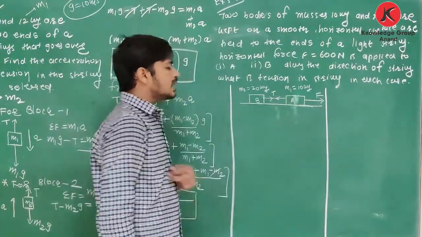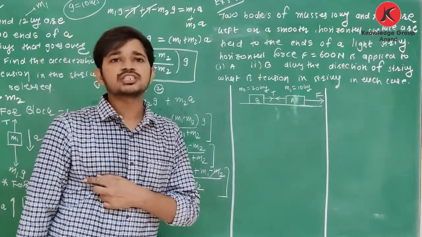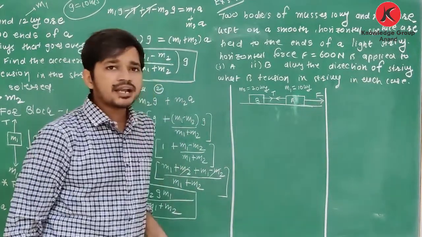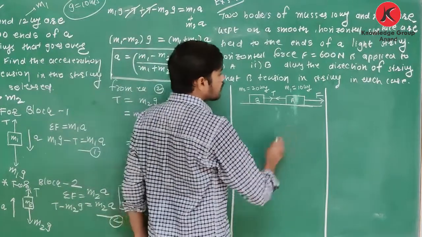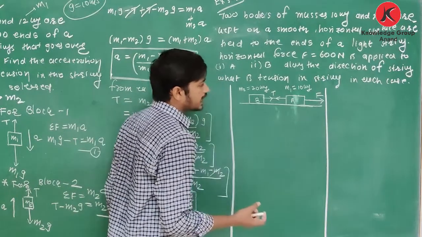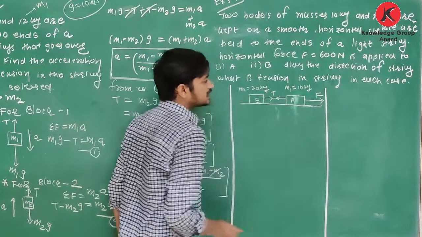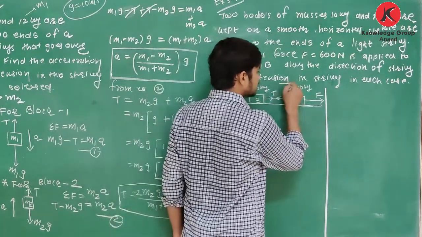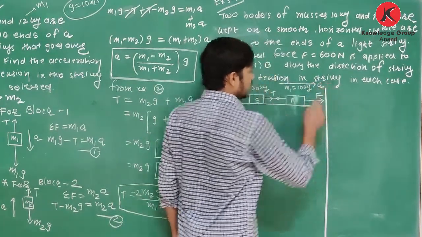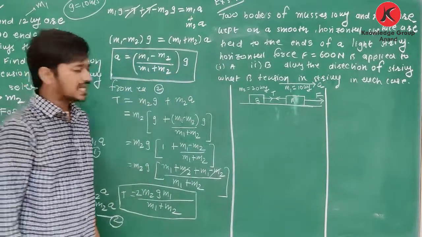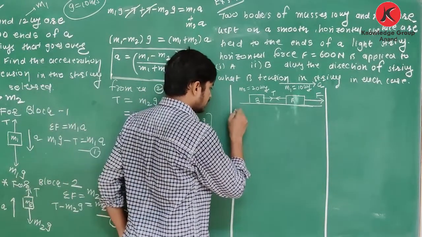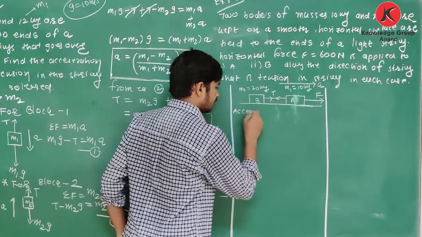These two blocks will move with the same acceleration because they are connected. So first of all, how to find acceleration? Force is in this direction, so acceleration is also in this direction. Then see, the acceleration of the system.